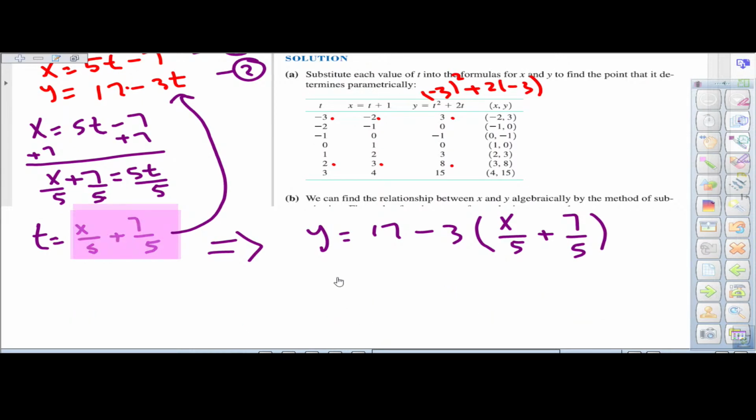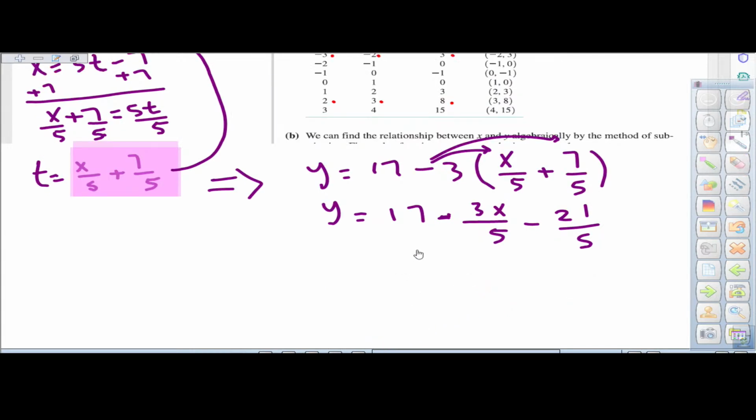All right, so basically you're going to have y equals 17, then you distribute this, right? Negative 3x over 5 minus, what's 7 times 3? 21 over 5. And for the 17, because you want to make it a little bit nicer, these two can combine. Make sure that the 17 also has a common denominator.